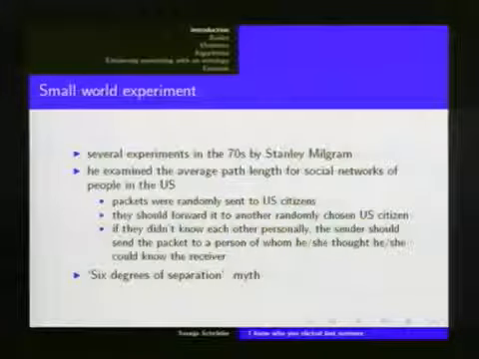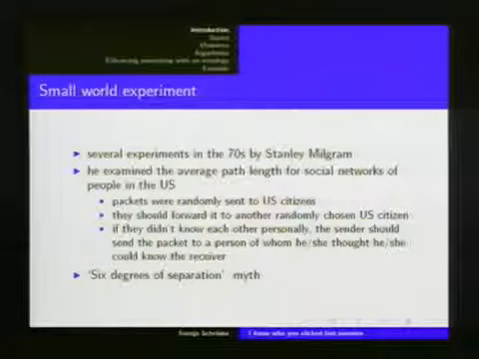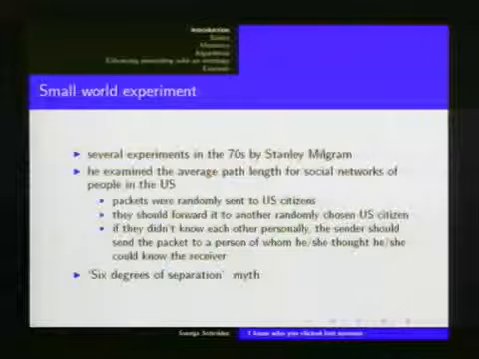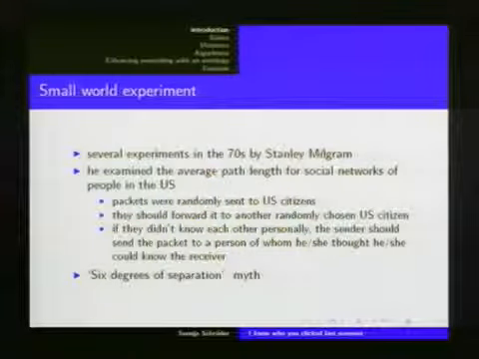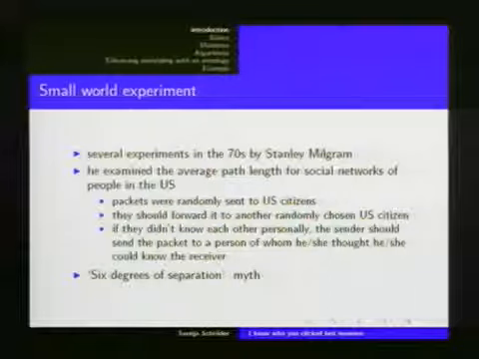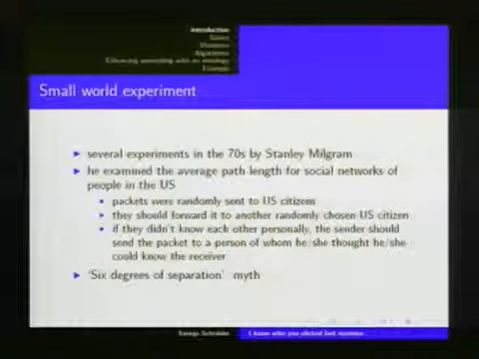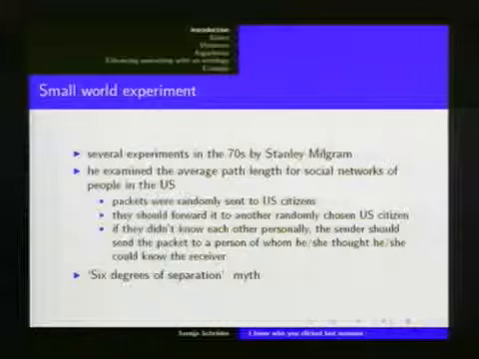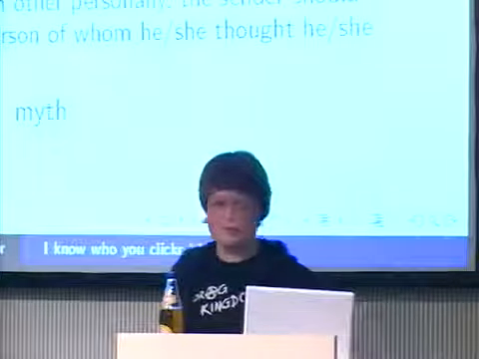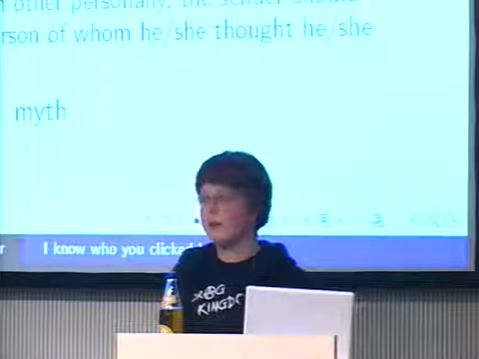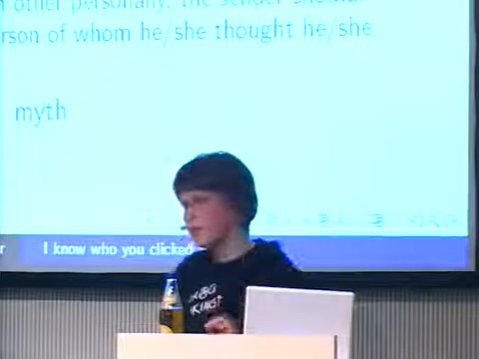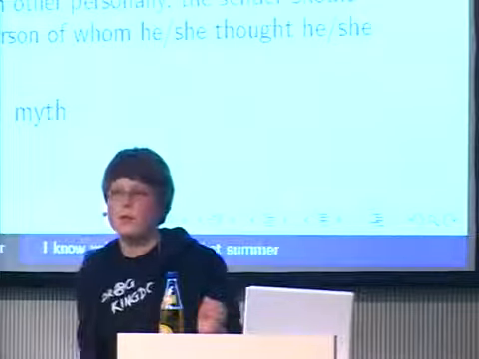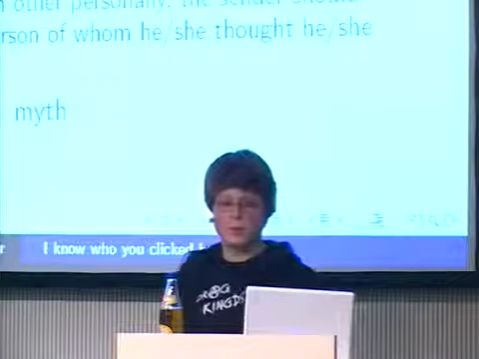A very popular example is the small world experiment from Stanley Milgram, who examined the average path length of social networks, in his case of the US. He did several experiments in the 70s, in which he randomly sent packets to US citizens, and picked randomly another US citizen to whom this packet should go.